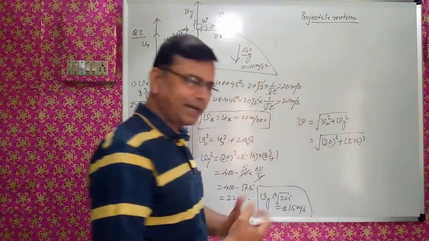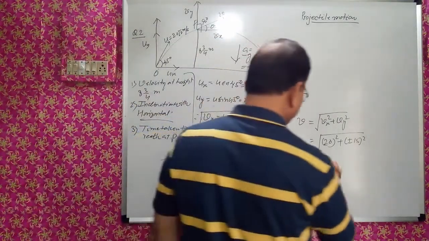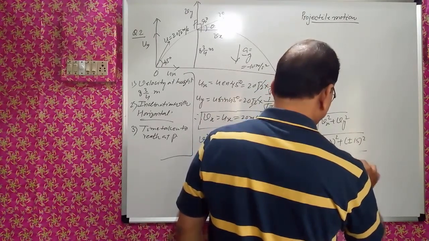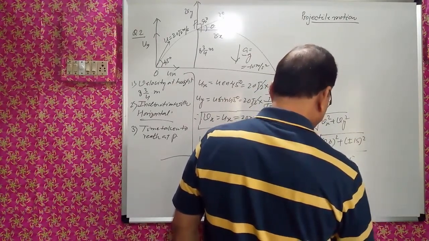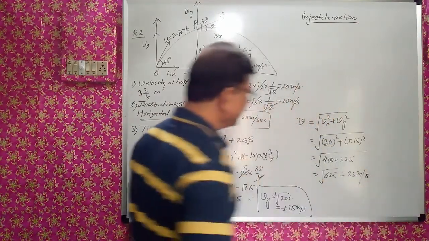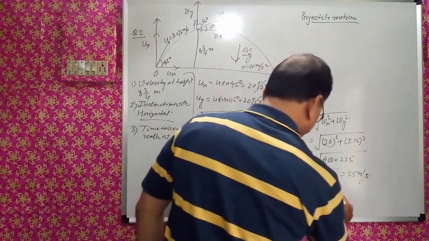Plus minus square means either it is plus or minus, its square will be always positive. So this will be how much? That is 400 plus 225, that is under root 625, that is equal to 25 meters per second. Means this velocity is 25 meters per second.